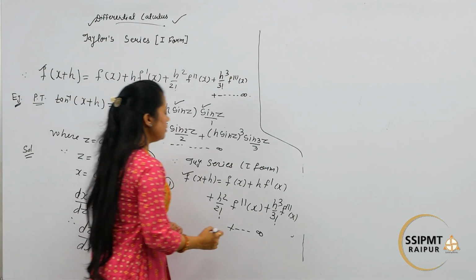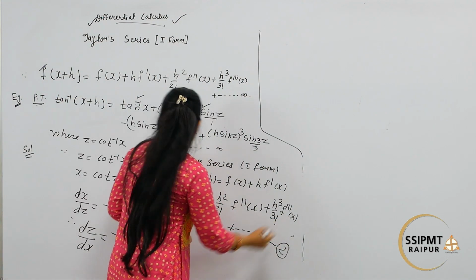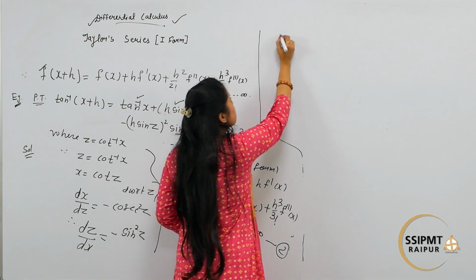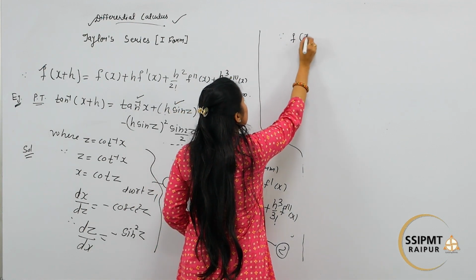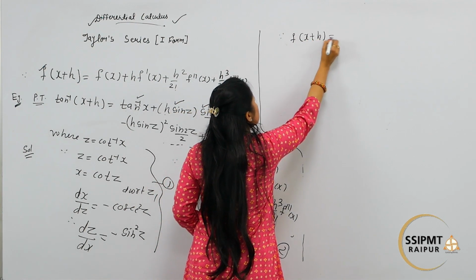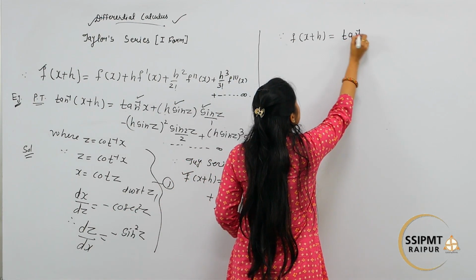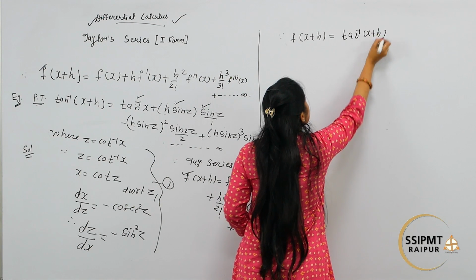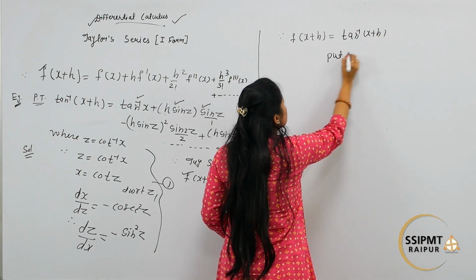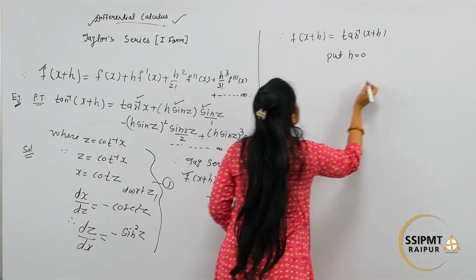Now take it as equation number 2. Since f of (x plus h) has been given as tan inverse of (x plus h), put h equal to 0 in the above equation.